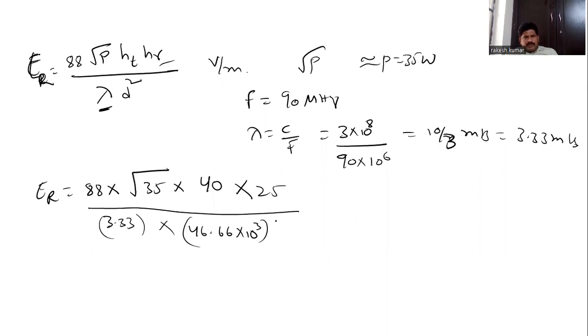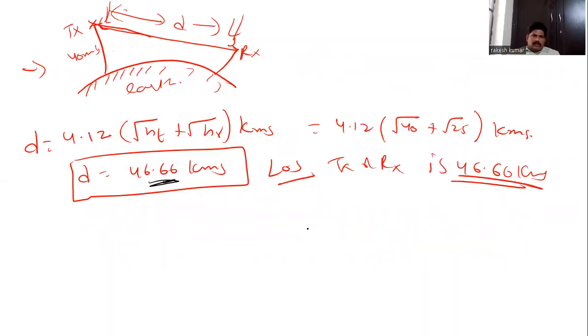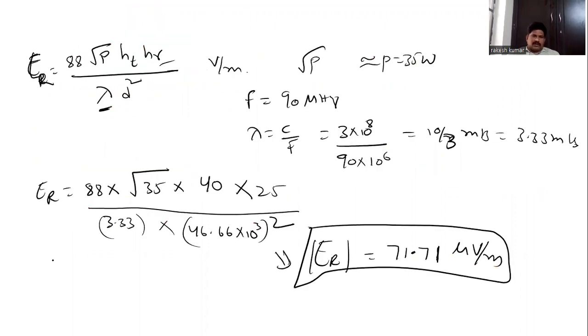That's why I'm multiplying with 10 power 3, whole square. If I calculate this, the total electric field at the receiving end is 71.71 volt per meter. This is how you can calculate the line of sight distance D and the total electric field strength.